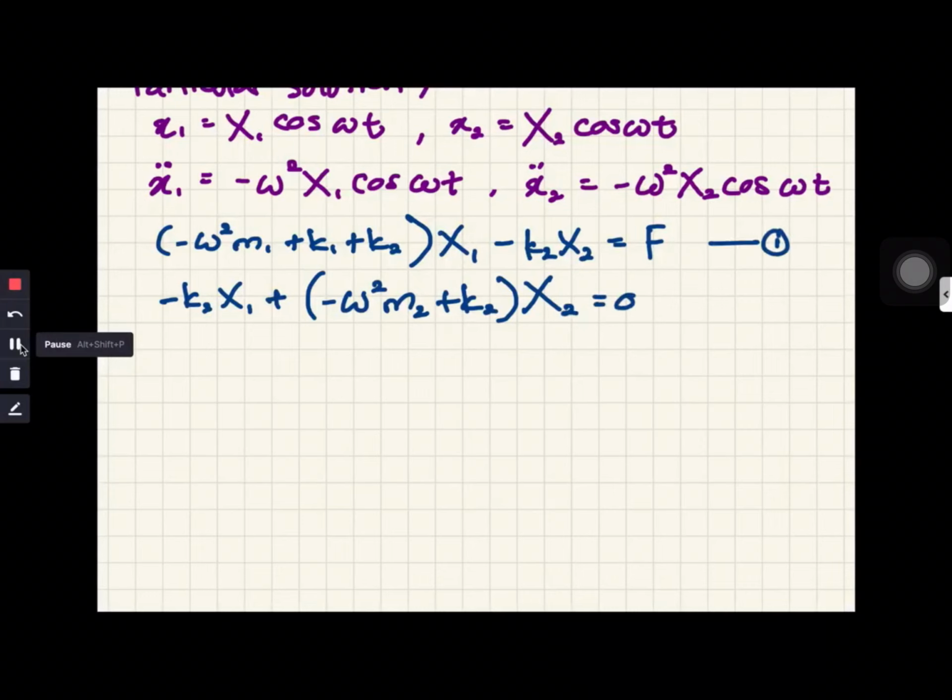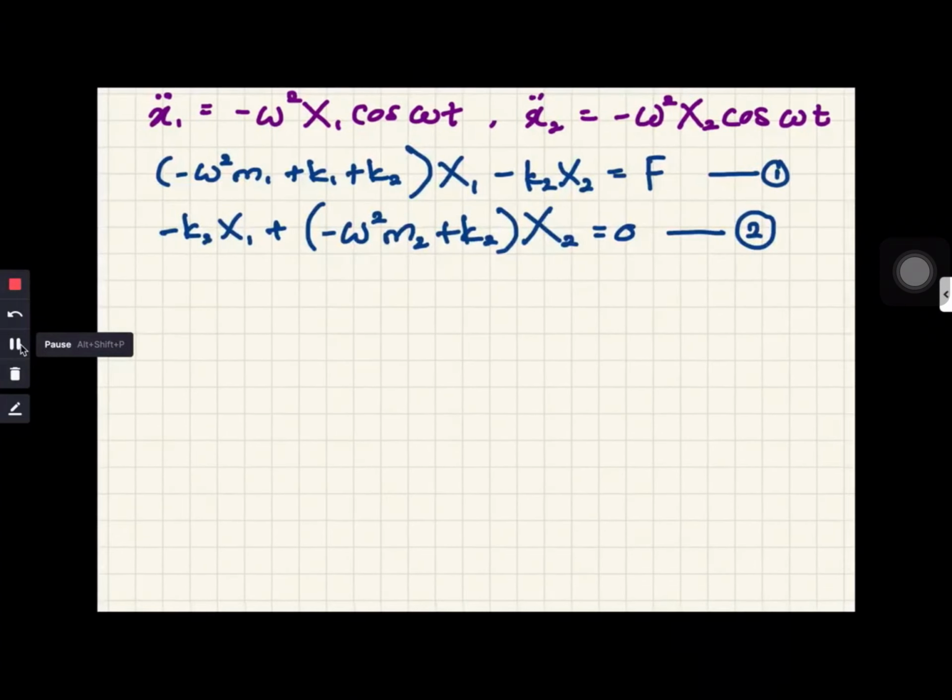We put this as equation 1 and this as equation 2.